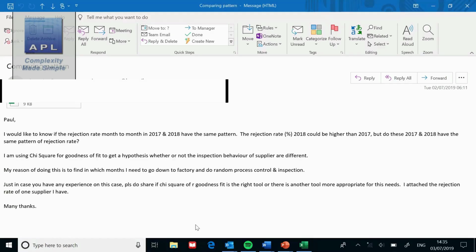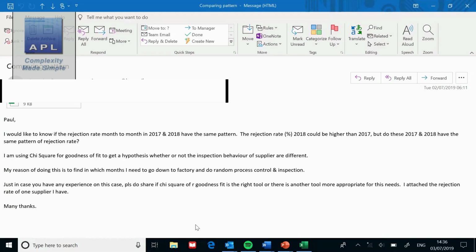So here's Anton's email, and it says, I would like to know if the rejection rate month to month in 2017 and 2018 have the same pattern. The rejection rate percent in 2018 could be higher than 2017, but do these have the same pattern of rejection rate? I'm using the chi-squared for goodness of fit to get a hypothesis whether or not the inspection behavior of the supplier are different.